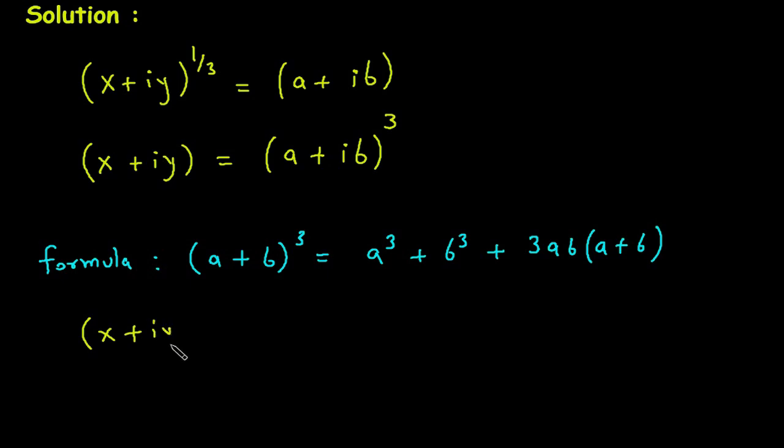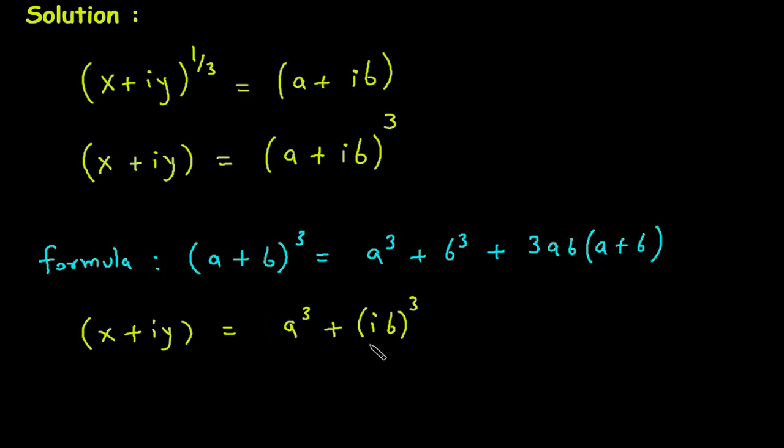So x + iy is equal to a³ plus b³, so this will be (ib)³, then we will remove the bracket simply.